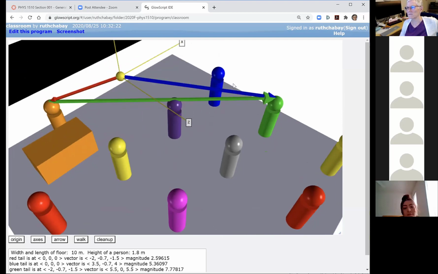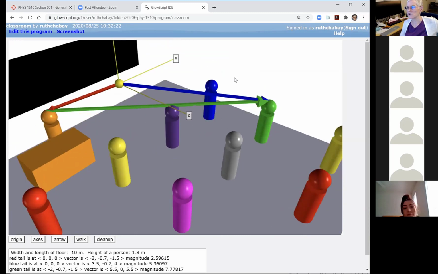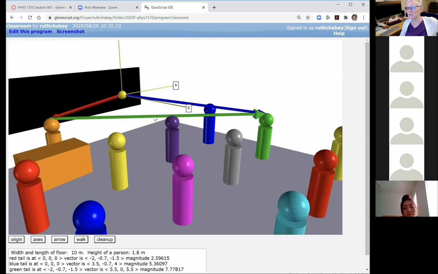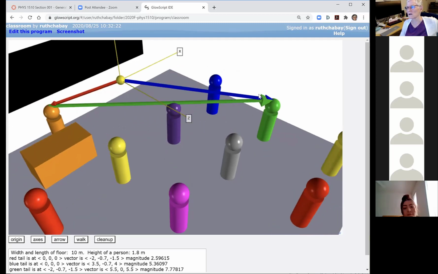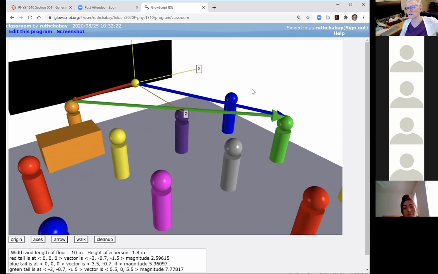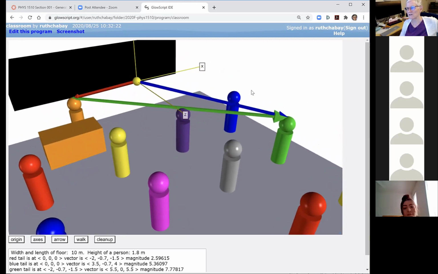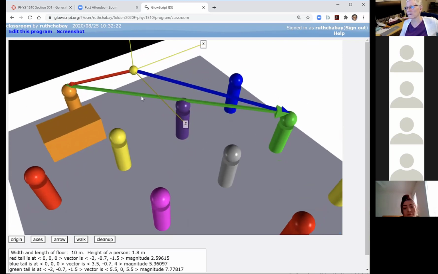But we can see that the length of the blue vector is much shorter than the length of the green vector, let alone adding the length of the red vector and the length of the green vector together. The sum of the magnitudes isn't equal to the magnitude of the sum just because these things are going in different directions. So we went off here to the left, and then we came back over here to the right. And so red plus green equals blue, but the length of the red plus the length of the green is actually going to be a much bigger number than the length of the blue.